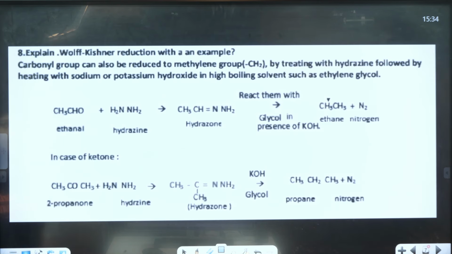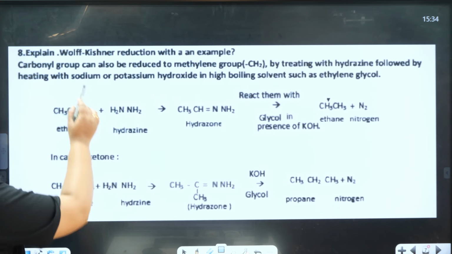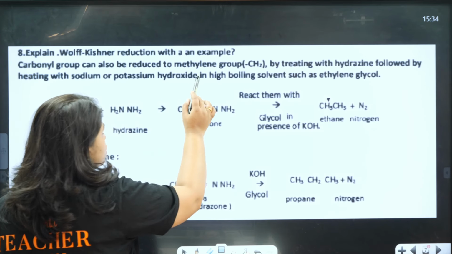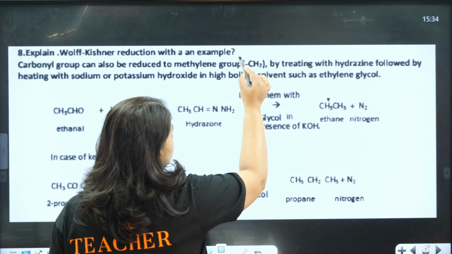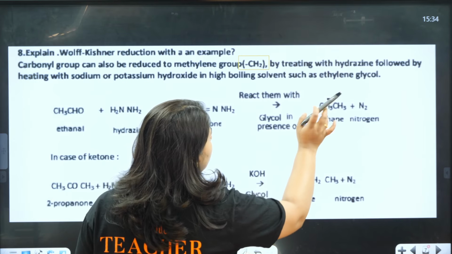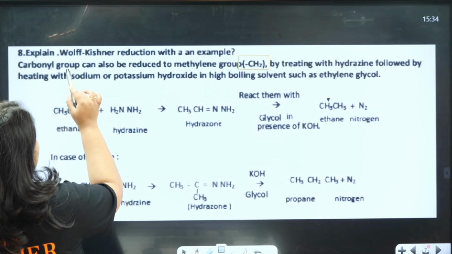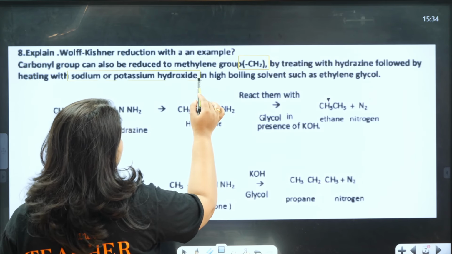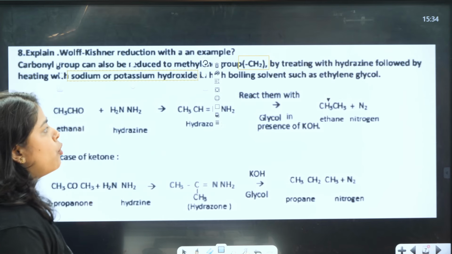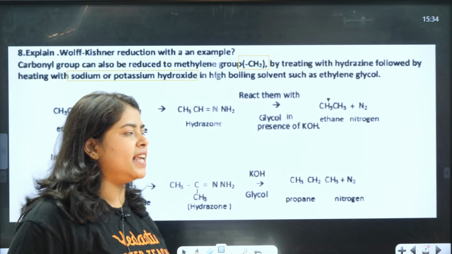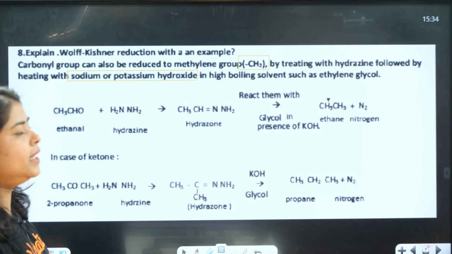Okay. Next is, explain the Wolff-Kishner reduction with an example. The carbonyl group can be reduced to a methylene group, that is CH2, by treating with hydrazine followed by heating with sodium or potassium hydroxide in a high boiling solvent such as ethylene glycol.